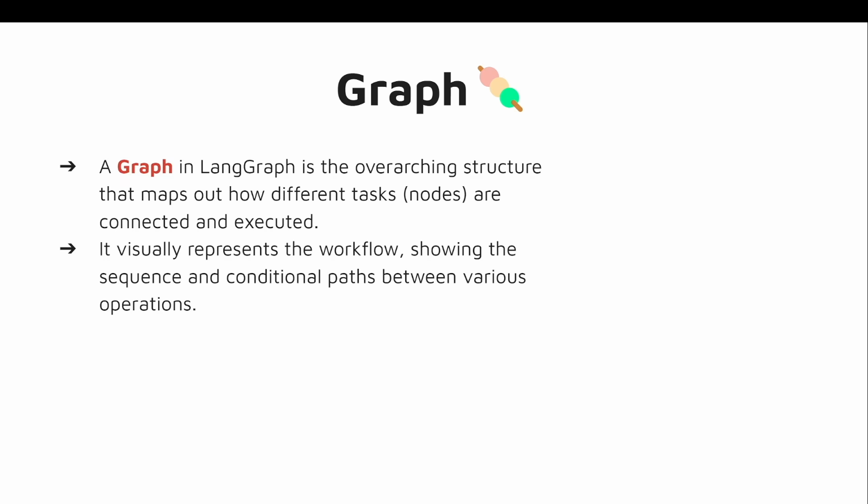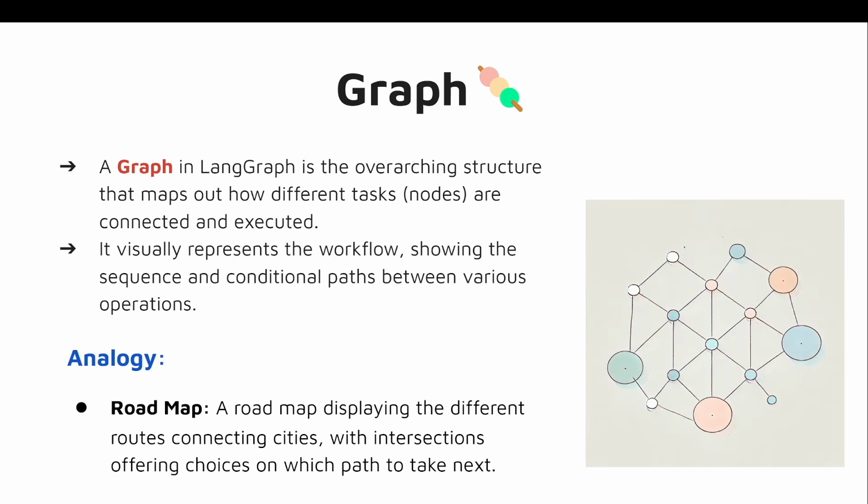It visually represents the workflow, showing the sequence and the conditional paths between various operations. Now, a graph is quite self-explanatory, but you can think of it as a roadmap. On a roadmap, you can see it display the different routes connecting cities with the different intersections, offering choices on which path to take next. Now, here's a great image of what a graph is, and these are the individual nodes. But you'll see they're connected somehow. So how are these connected?